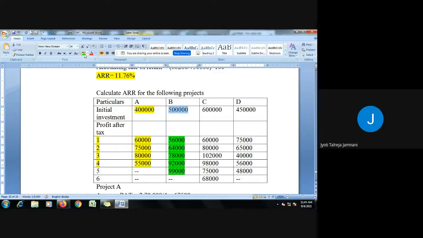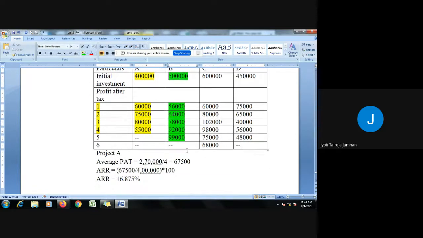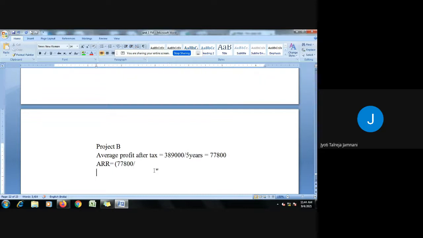So we are not finding the average. We're taking the entire initial investment, 5 lakh rupees, into 100. So ARR will be equal to 15.56%.